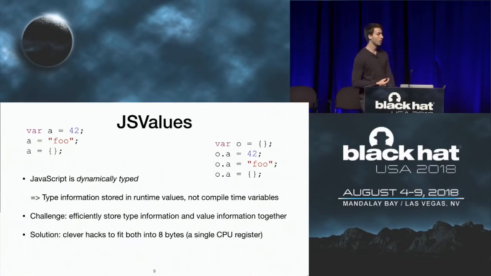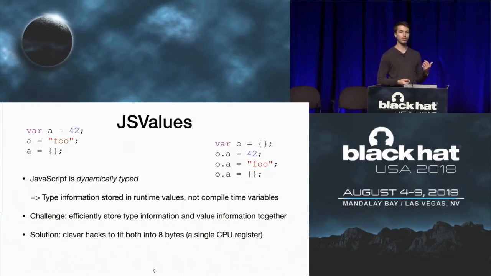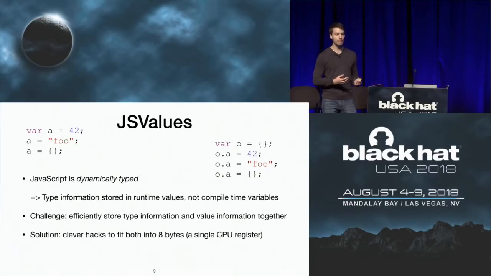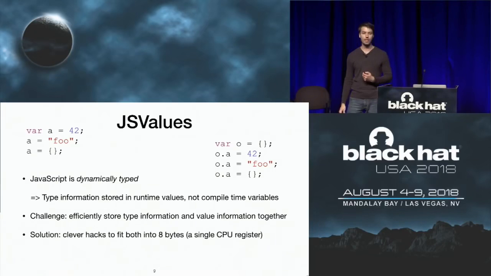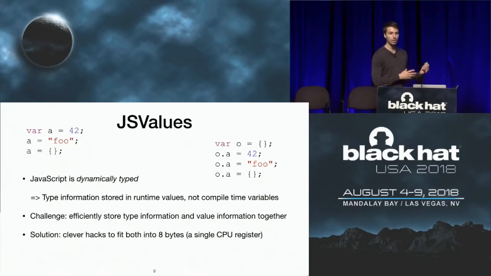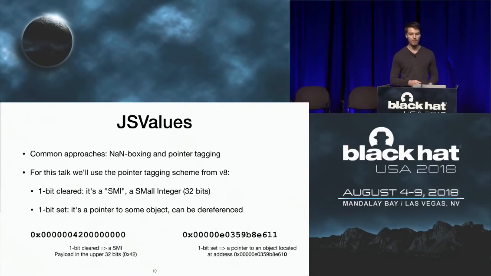That's all fine. For the engine, that means that it has to store type information together with the value information. The challenge here is to do this efficiently. Usually the solution ends up being some clever hacks that manage to store both type and value information in 8 bytes.